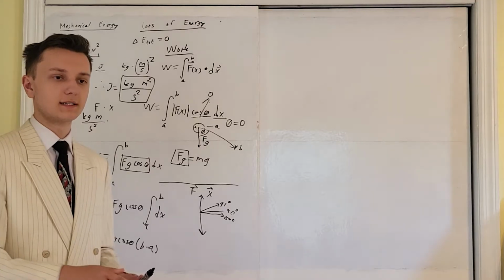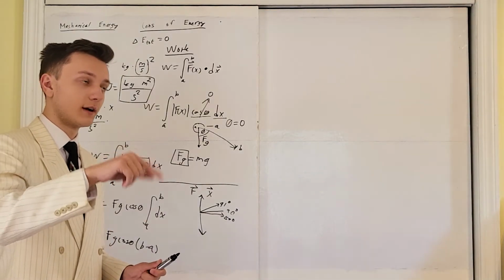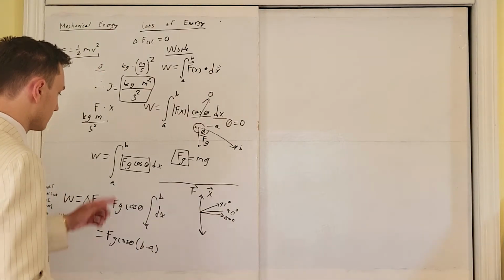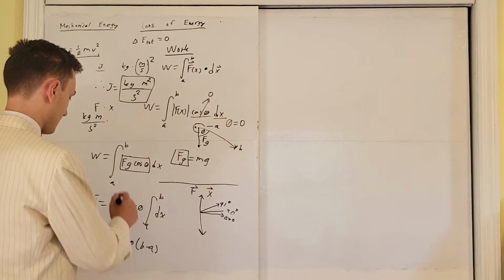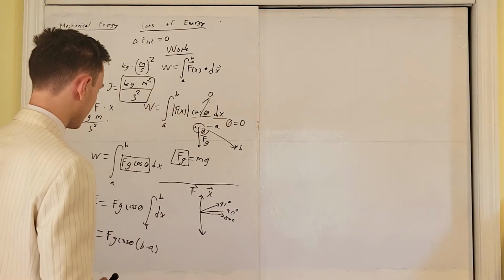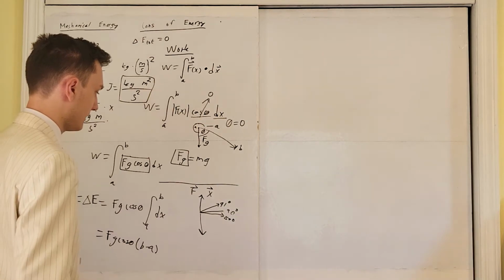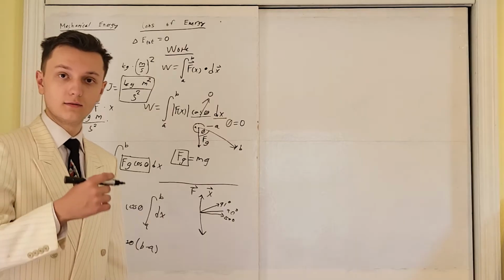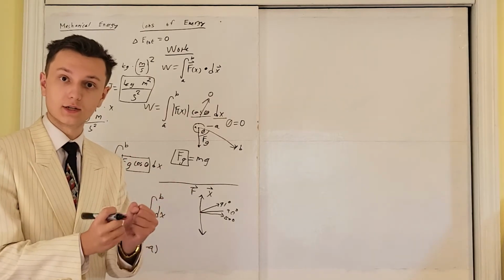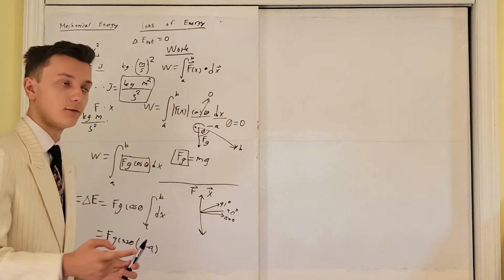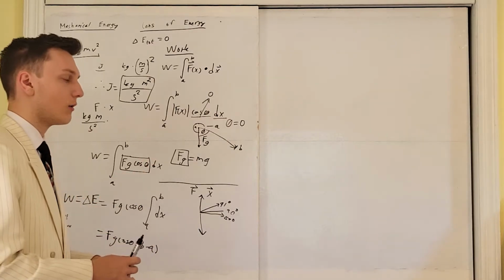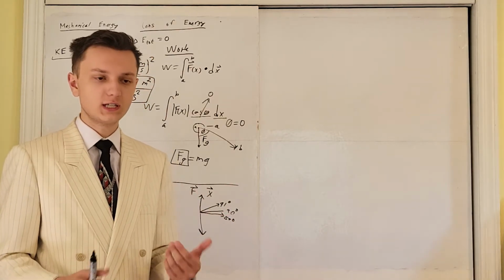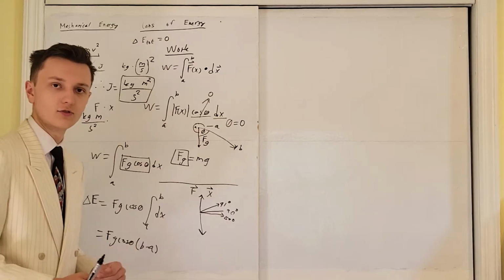Work specifies where that gravitational potential energy has gone. Okay? So if we do our work integral, if we calculate the force of gravity multiplied by our cosine theta times b minus a, that will give us the amount of energy lost by gravitational potential energy, how much gravitational potential energy was lost, and therefore, since we know how much was lost, we know how much was gained elsewhere. And we need to ask ourselves, what form of energy is being gained in this scenario? The kinetic energy of the rock.